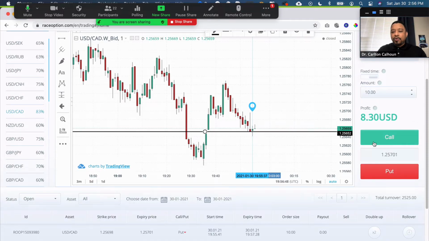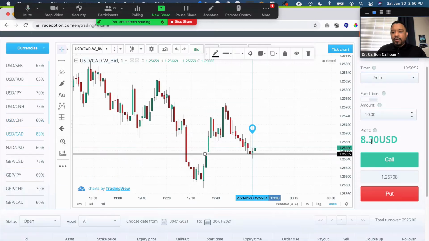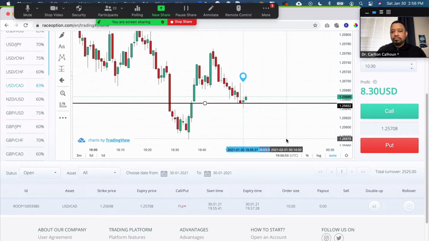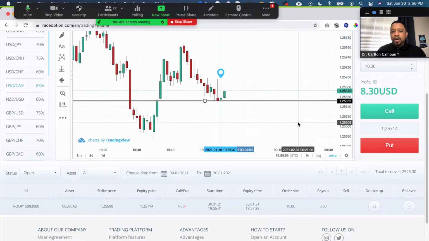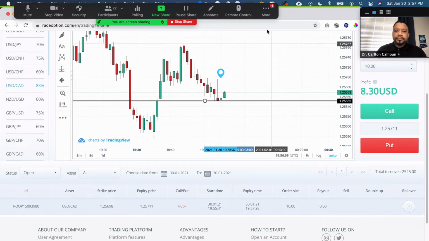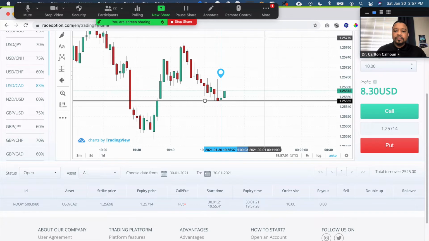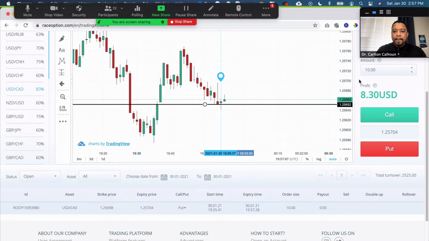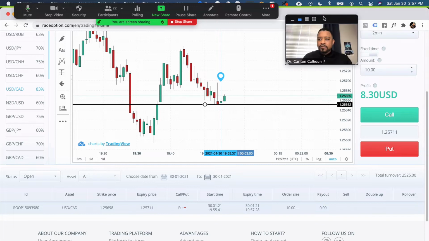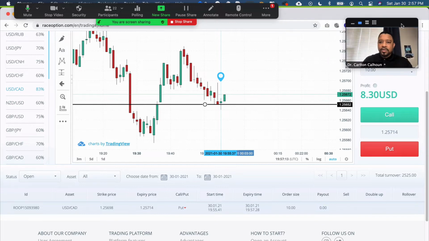Now, if I were on a bigger amount, I would hit a rollover, but I'm well above my percentage for the day. Yeah, I would definitely do a rollover on this. If I could roll over, let me see if it may be too close to expiration.